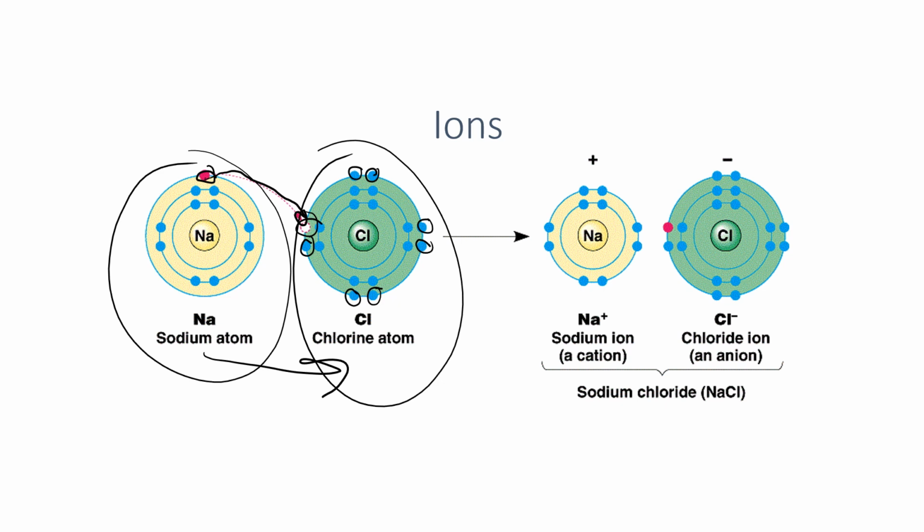So when sodium and chlorine interact, as you can see over here, sodium is going to lose completely that 1 electron in its third shell, and chlorine, which is now going to be called a chloride ion, is going to gain that 1 electron within its third shell.